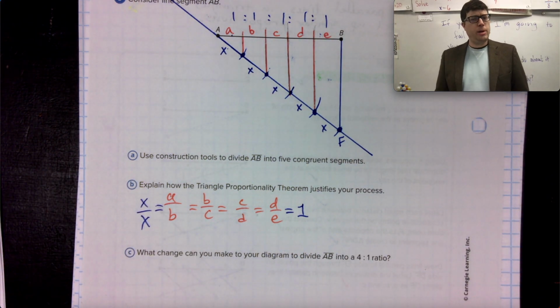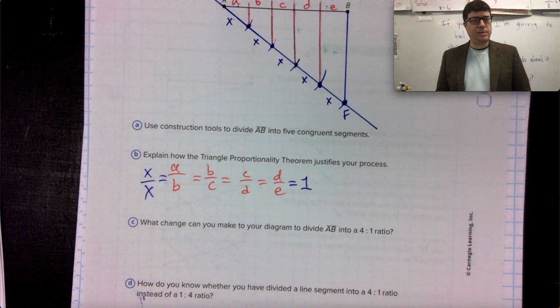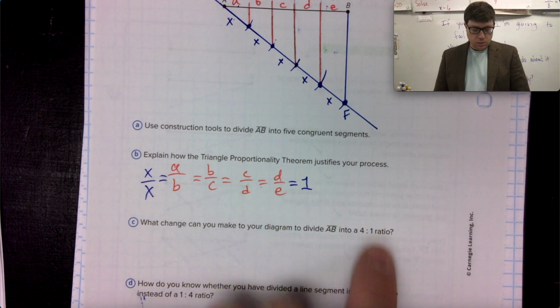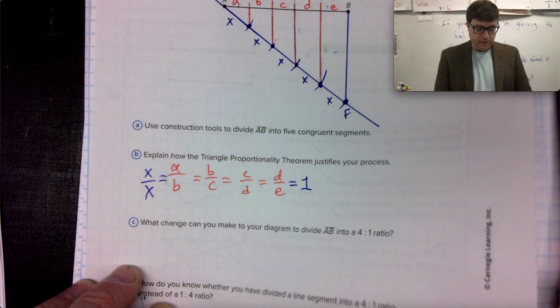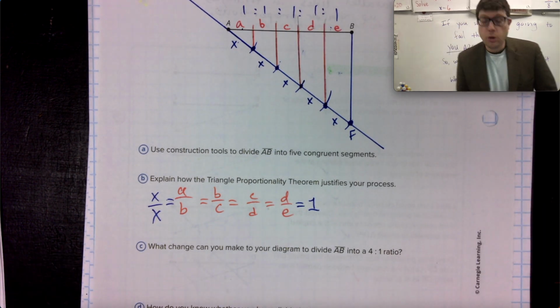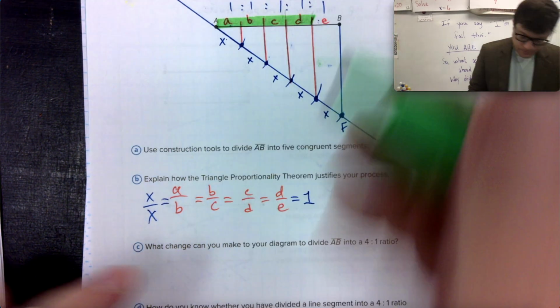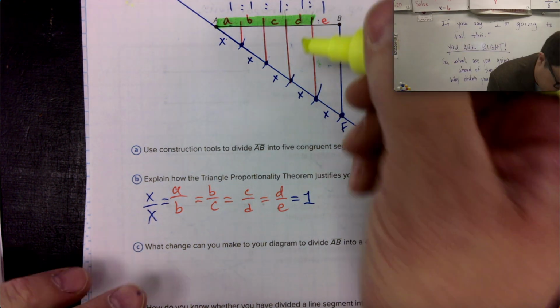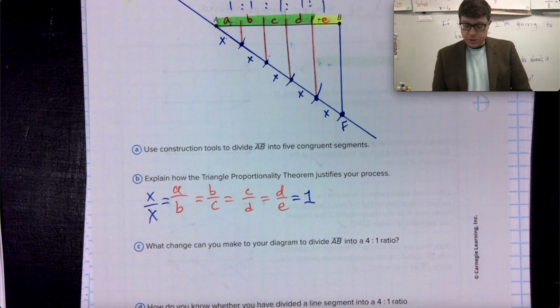What change can you make to your diagram to divide AB into a 4 to 1 ratio? Highlighter time, have your green and your yellow, let's go. So a 4 to 1 would mean put 4 of them first: 1, 2, 3, 4. And 1 of them last. That would be a 4 to 1 ratio.